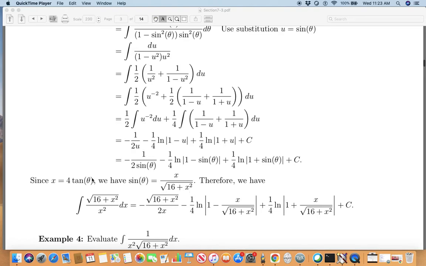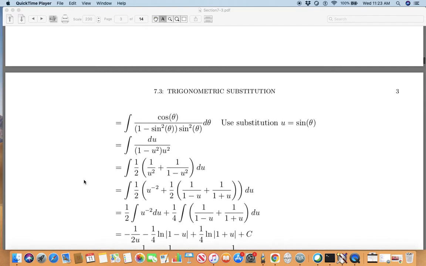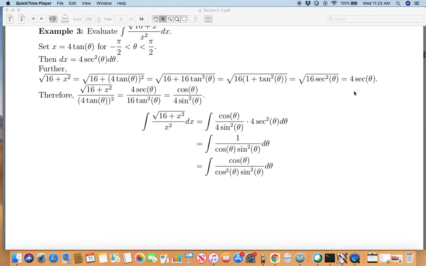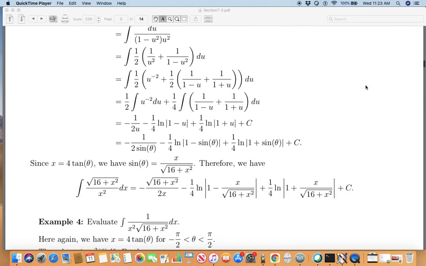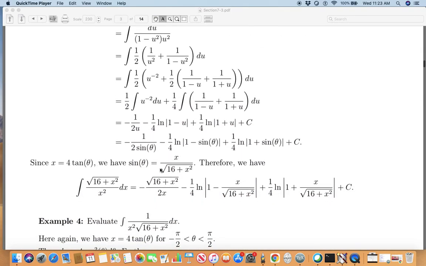One way of thinking about this is look at tan theta and look at secant theta. You see? So tan over secant is sine, and that's what you have done here. Tan over secant. So the 4's got cancelled and so on and so forth. So that's your sine theta.